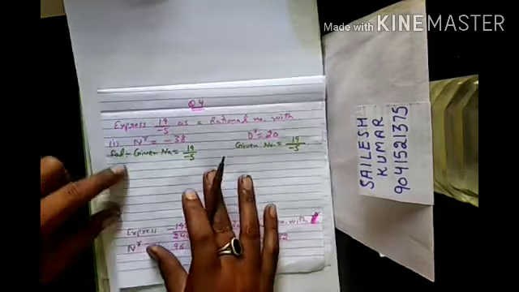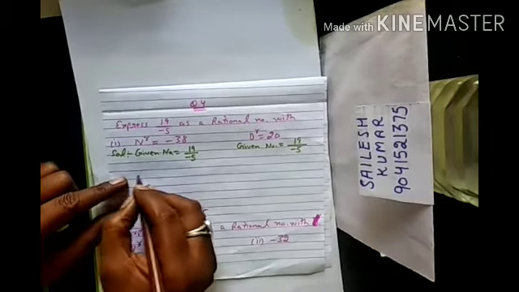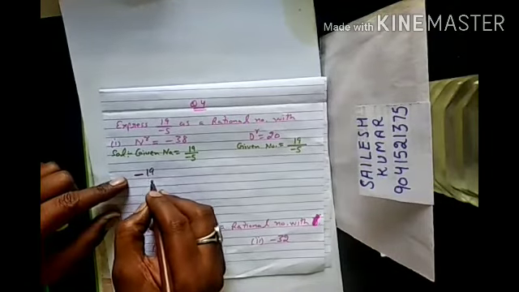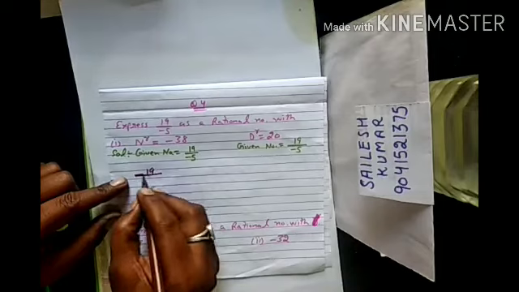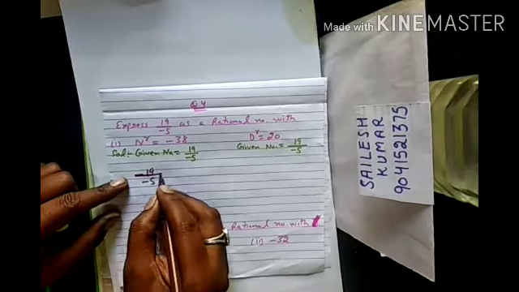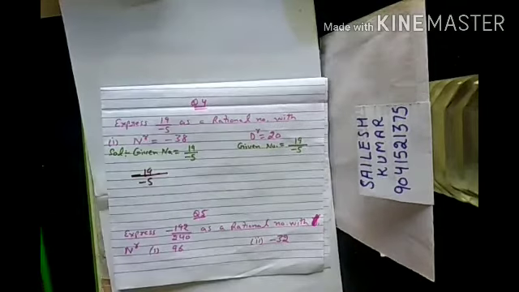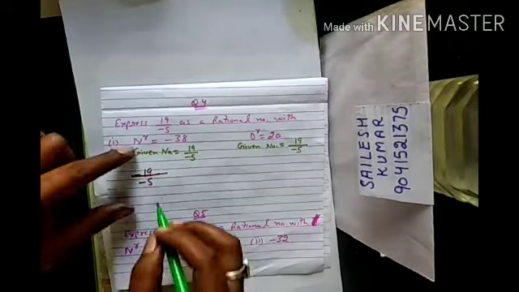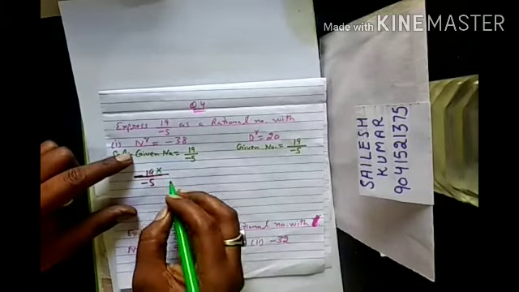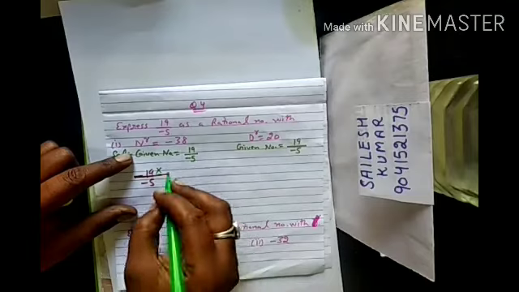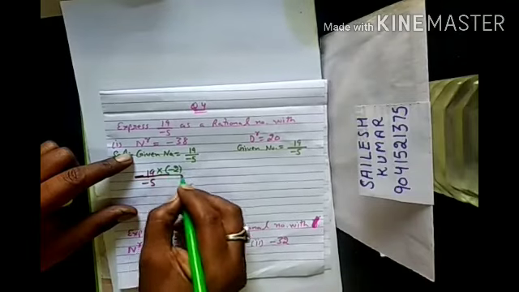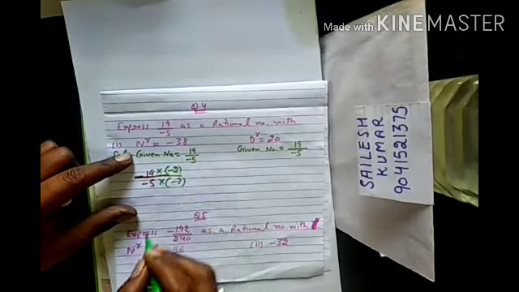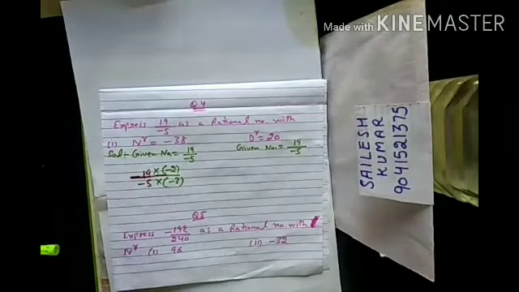So see, 19 over minus 5. Now I will multiply this with minus 2 and minus 2. Okay, then let's see what happens.